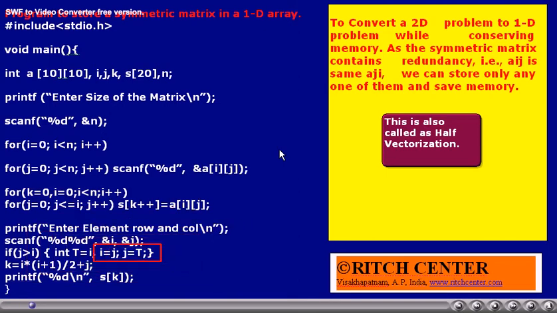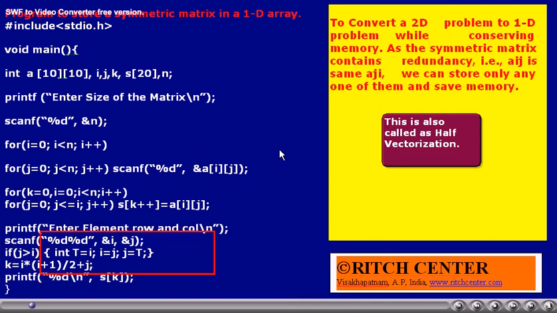Once we assume that the lower triangular part of the 2D array is stored in the 1D array, obviously we will be interested to know how the user can access the ith row jth column element from this 1D array. For this we assume that the user will be entering the row and column indices i and j.